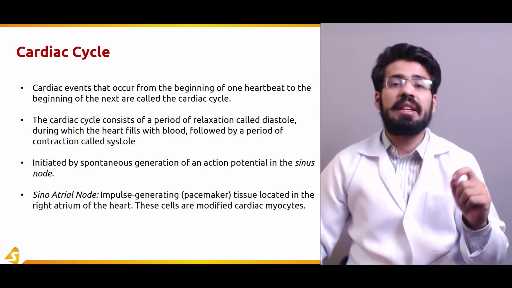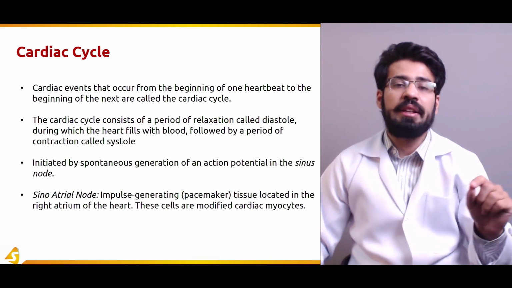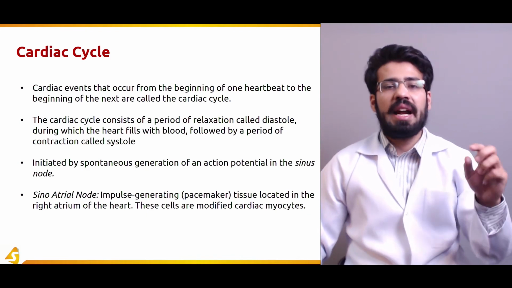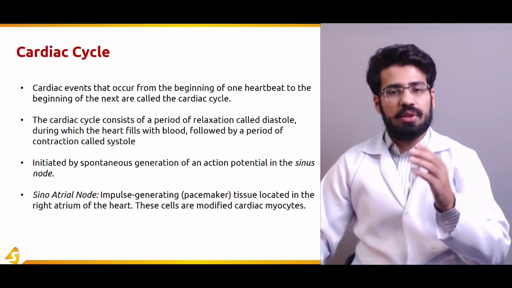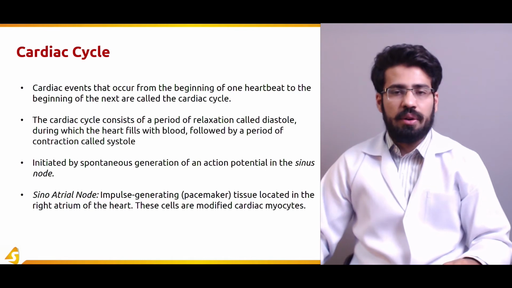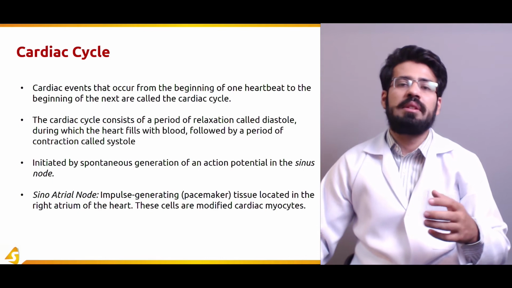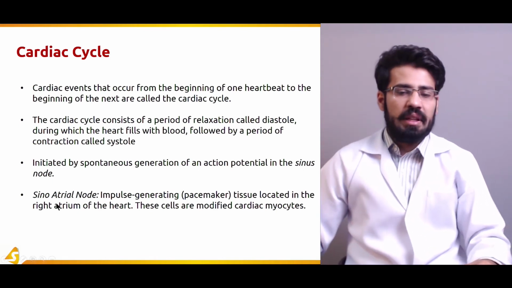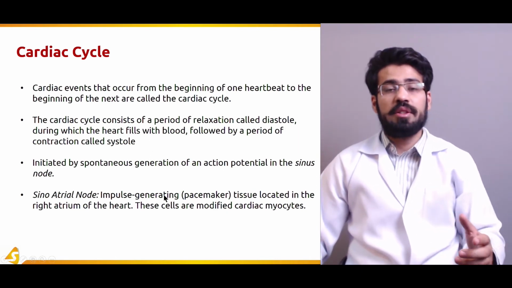They are generated by the action potential that is fired at the very top of the right atrium, known as the sinoatrial node, SA node, that then contracts the atrium. This is followed by the transmission of the conduction towards the atrioventricular node. This then moves towards the bundle of His, towards the Purkinje fibers, and after the Purkinje fibers, the ventricles will contract.